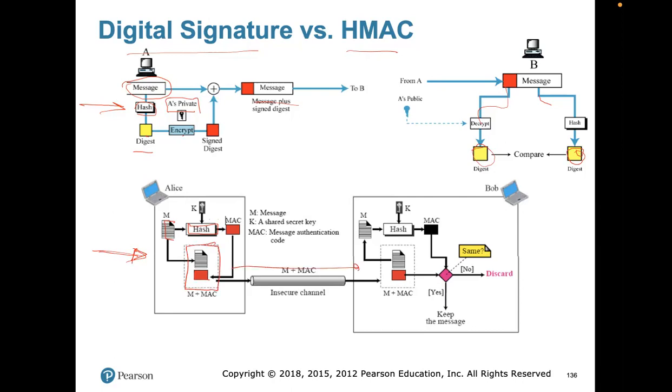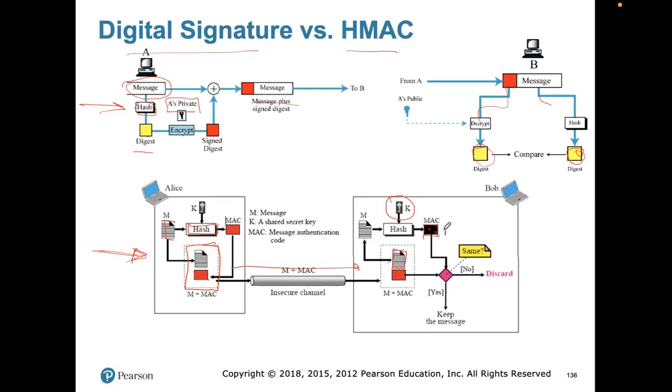And at the receiver side, we do the same thing. The receiver, which is here Bob, receives the message, looks at the plain text or the message, generates the hash using the same key, and of course generates a MAC. And these two parts are going to be compared against each other.